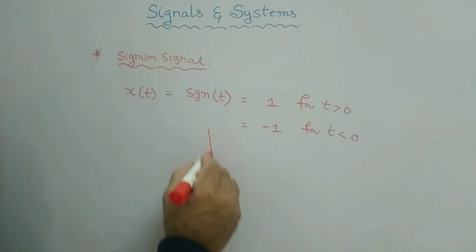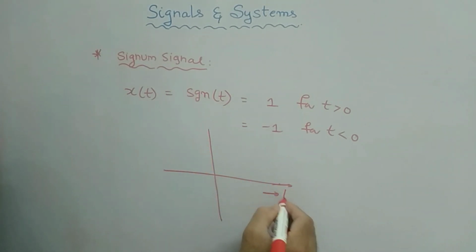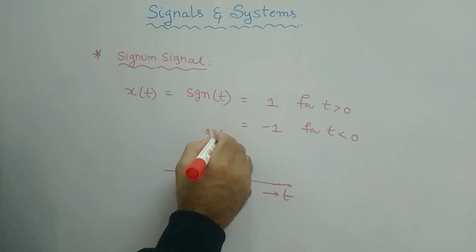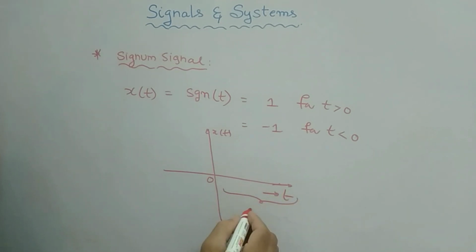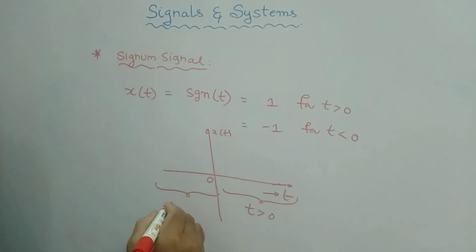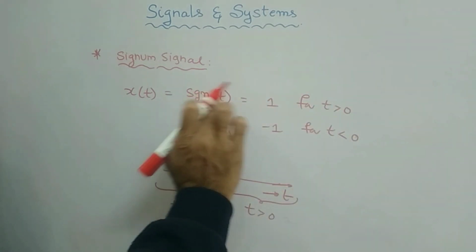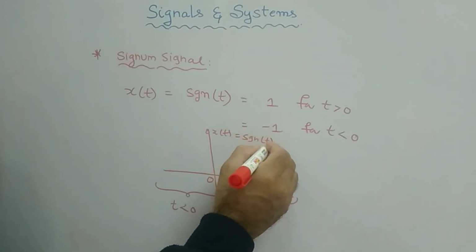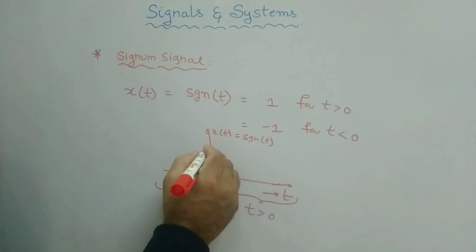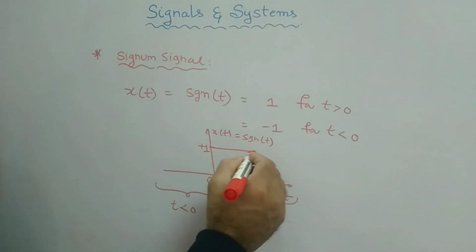How can it be represented? Very simple. This is time versus x of t. This is 0. For t greater than 0 this is the region, and this is the region for t less than 0. For t greater than 0, what is the signum of t? It is x of t, also called sgn of t. Both are the same here. And it is plus 1 for t greater than 0, so your graph will be like this.